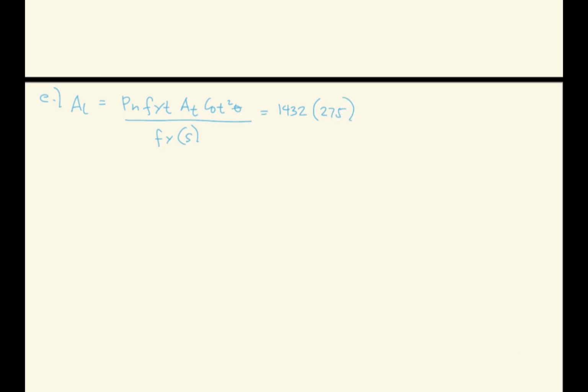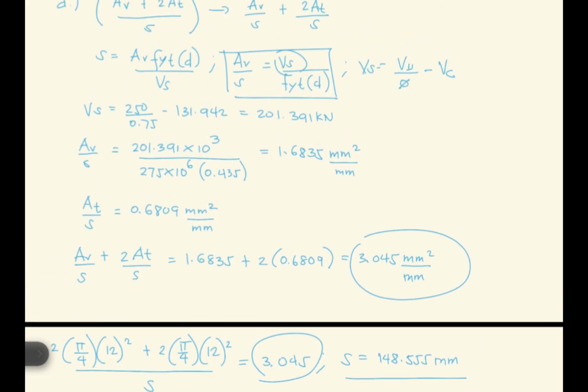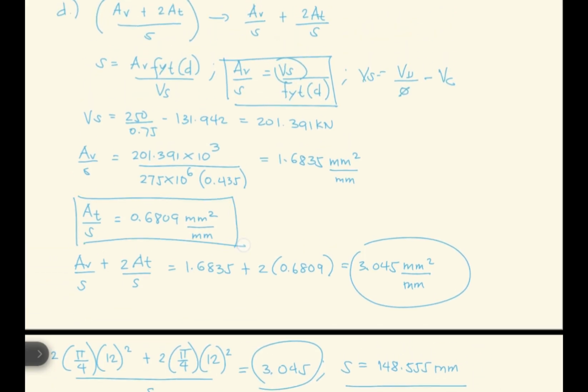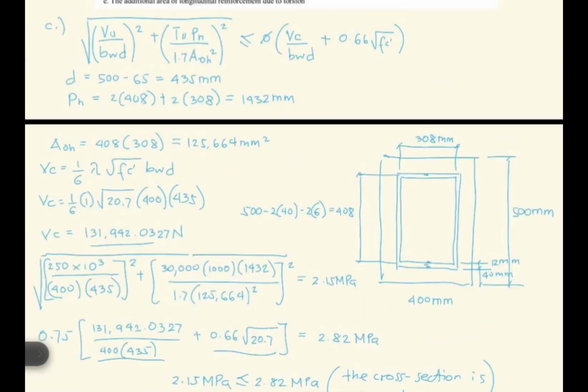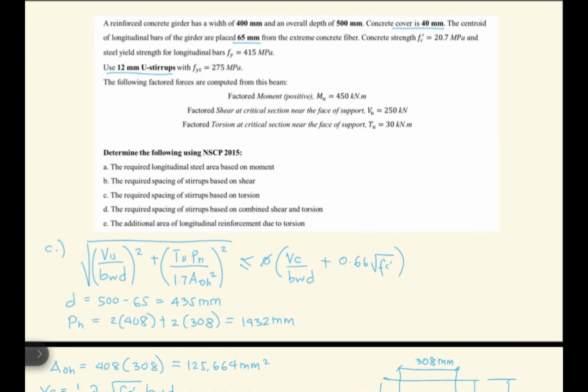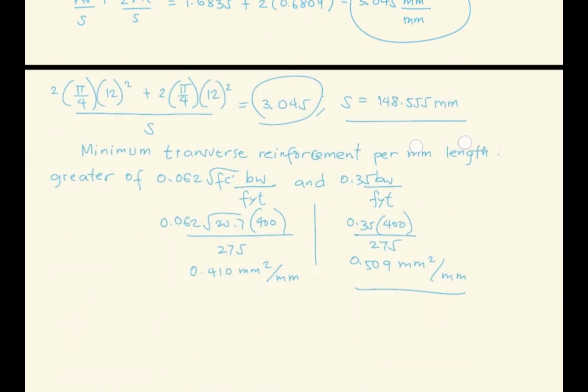We have At over s, earlier determined as 0.6809, and then cotangent squared of 45 degrees divided by fy 415.